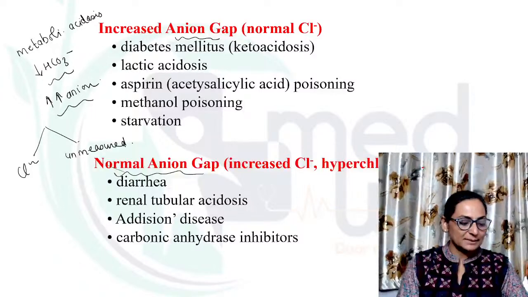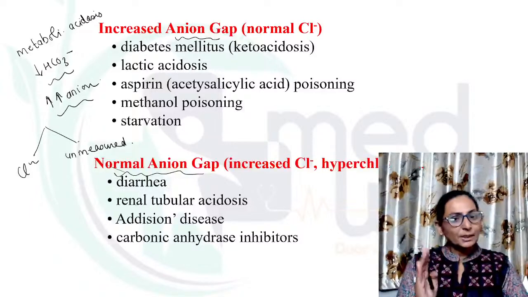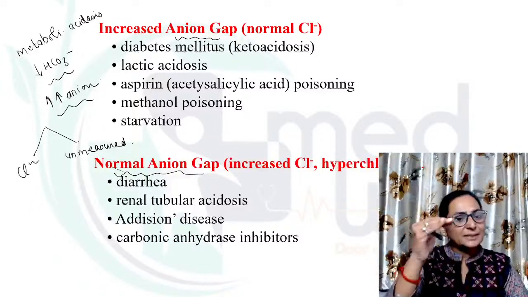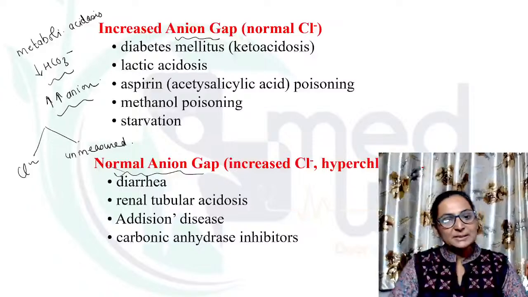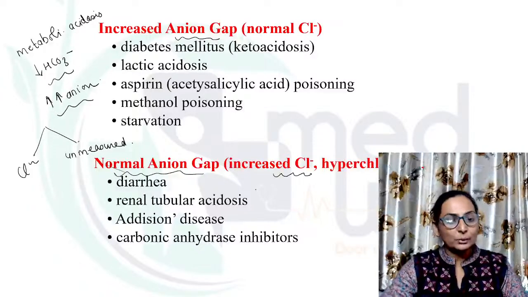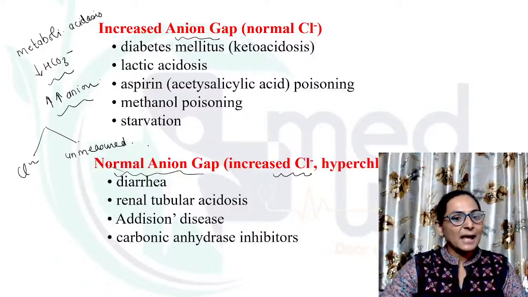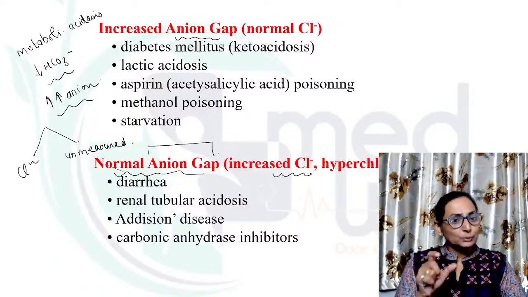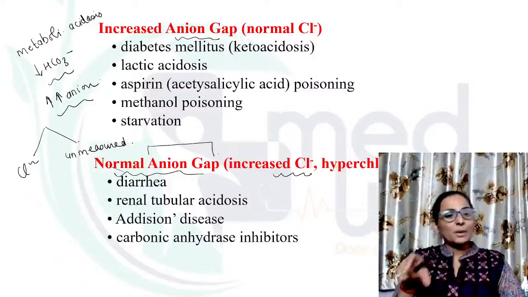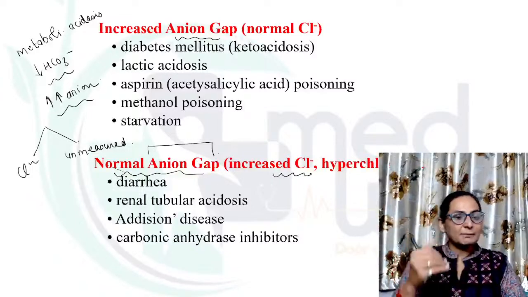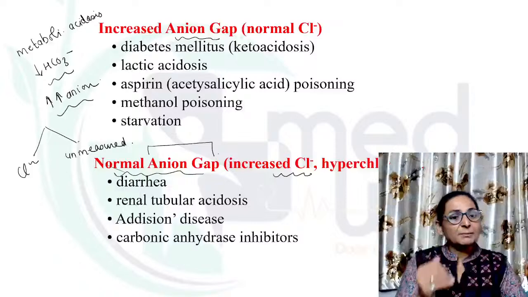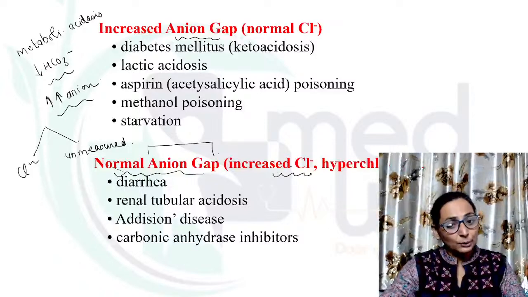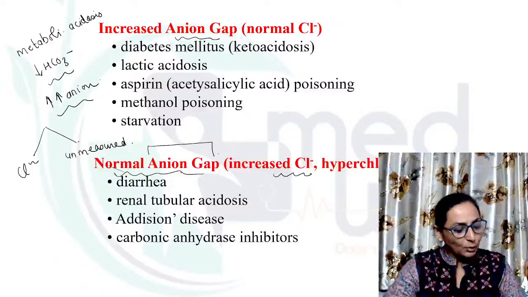Whenever the decrease in bicarbonate is compensated by increasing chloride, creating hyperchloremia, the anion gap is going to be normal. So a decrease in the bicarbonates was compensated by an increase in chloride, and therefore the anion gap remained normal.